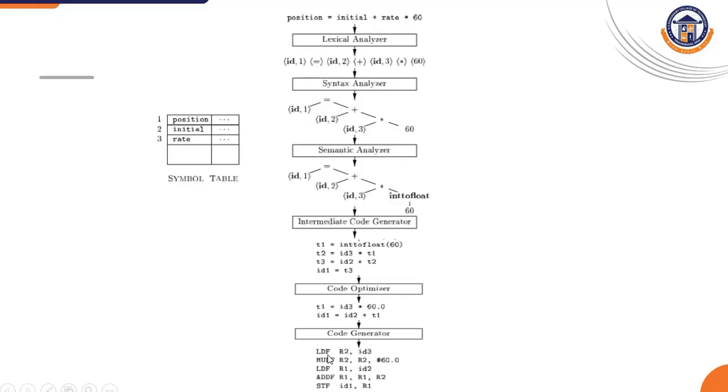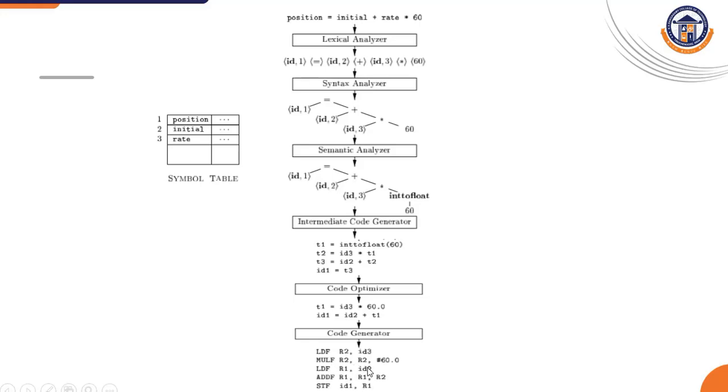Then we multiply R2 and 60. 60 is an immediate constant, so it is represented by a hash symbol before the 60. The content of R2 and 60 are multiplied and the result is moved to R2, so the R2 value is replaced with the multiplication of R2 and the constant 60. This instruction is MULF, the multiplication of floating point values.